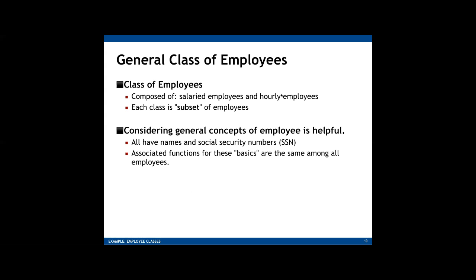For example, both should have names because they are people, and they should have a social security number, the SSN. So I will define an employee class and place all the common properties in this class. Then I will create a salaried employee class and an hourly employee class, and make them inherit the employee class so I can remove redundant code.